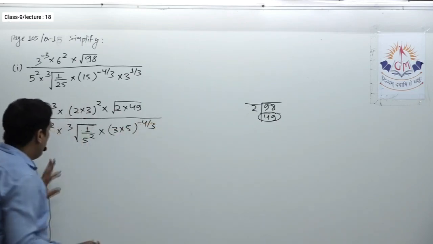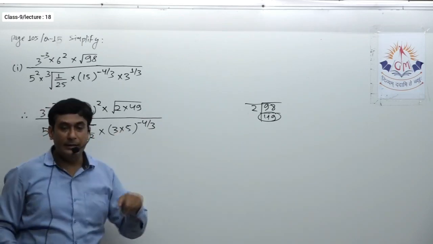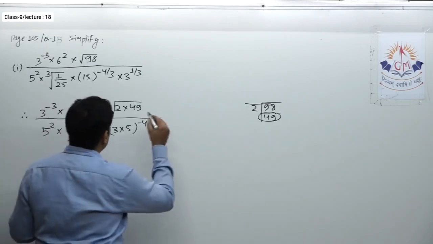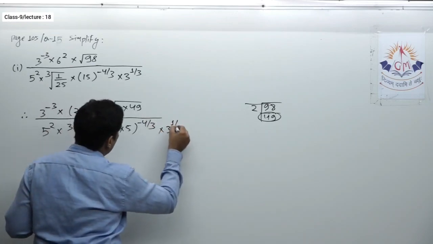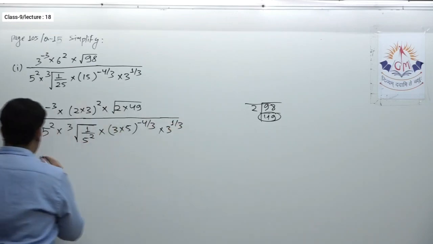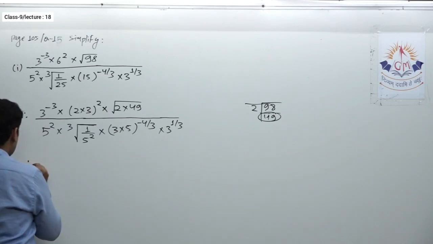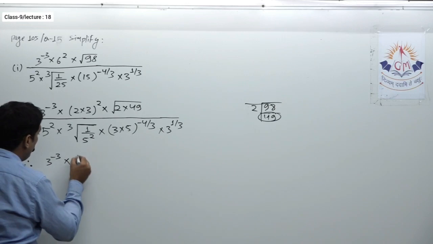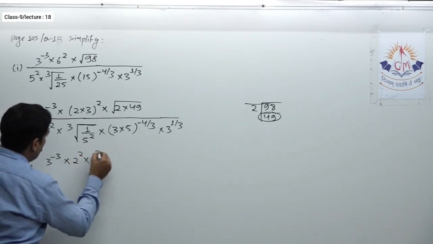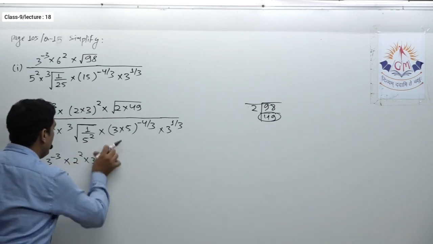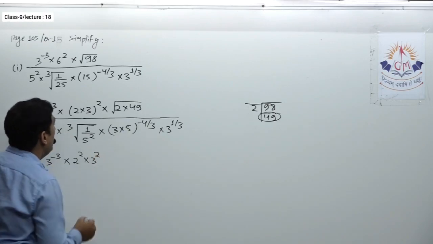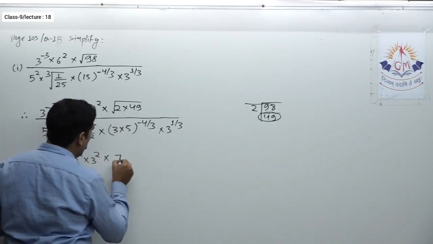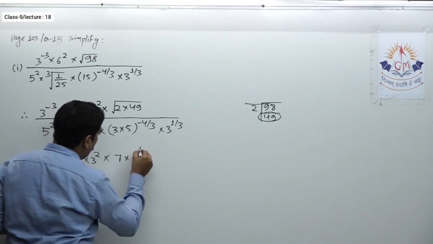If you observe, I am trying to write each and every term with a prime number base. So 3 raised to 1 by 3. Next step: this remains as it is, 3 raised to minus 3. Over here I can write 2 square into 3 square. Now over here I'll take 7 outside the root sign, and 2 raised to 1 by 2.